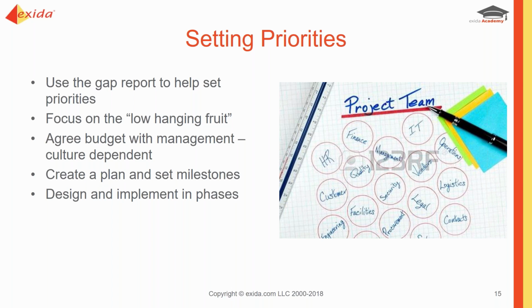You could also use it to maybe focus on what we call the low-hanging fruit. So for example, if competency records are missing, that can be done fairly easily. Any training requirements can be filled fairly easily. So again, you can use the report to help you identify where you need to focus your attention first, and also help agree a budget with management.